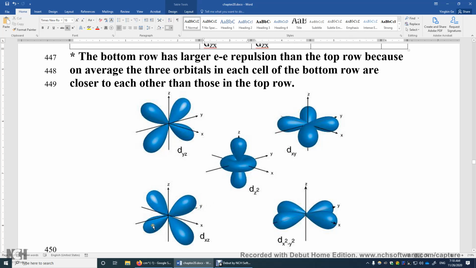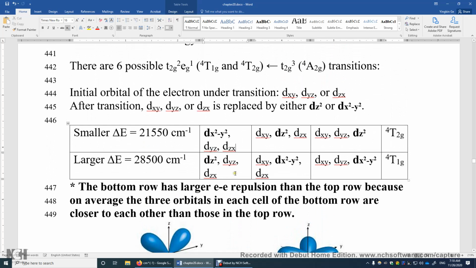This lobe is physically close to these two. So again, that's why you need to look at the shapes of the d orbitals and realize that if the lobes of two d orbitals are closer to each other, you have stronger repulsion.